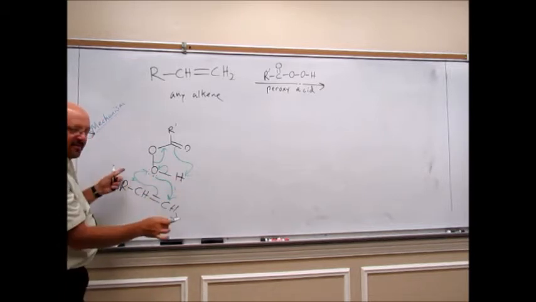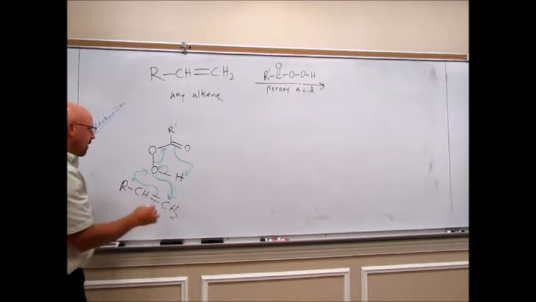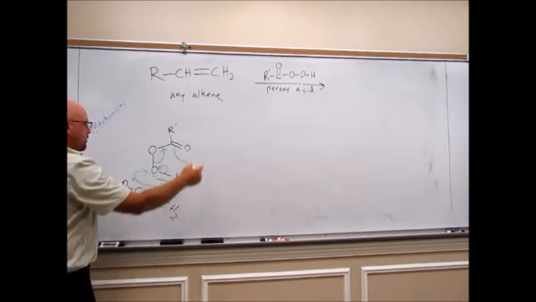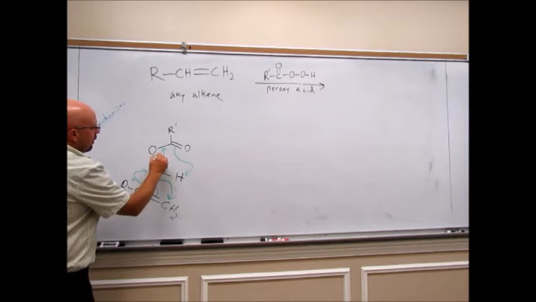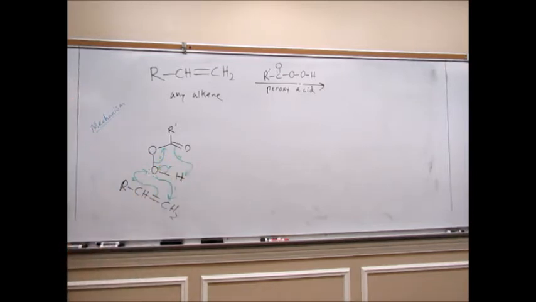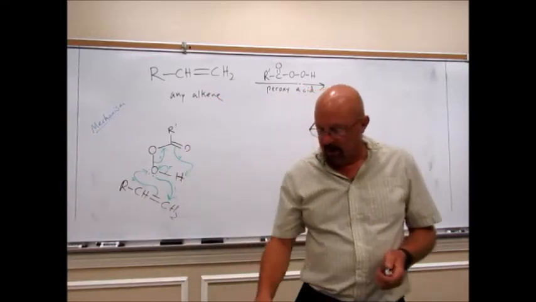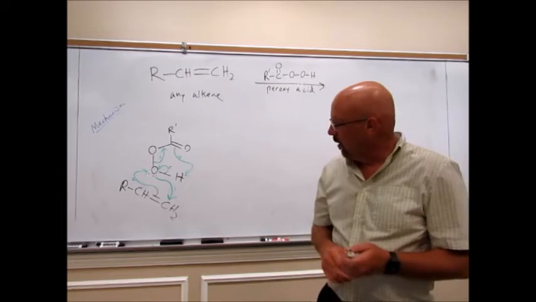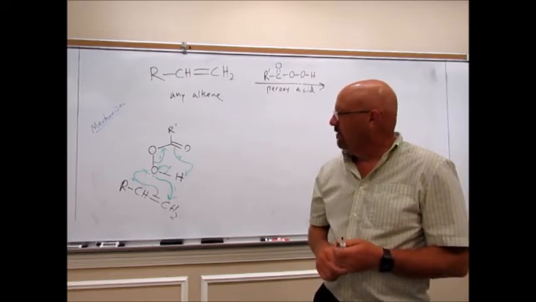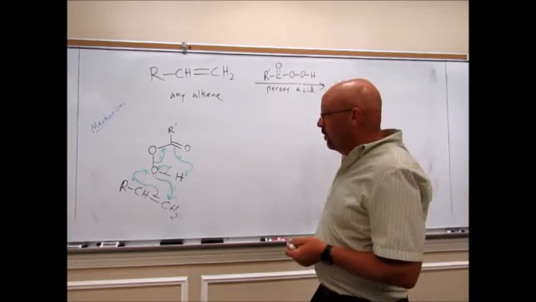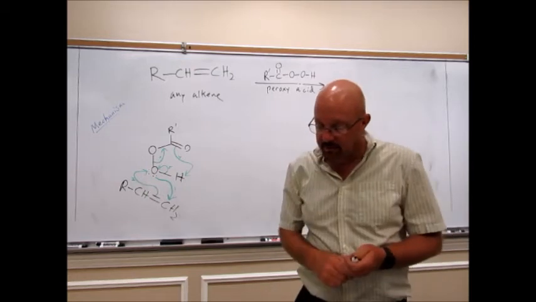Of course, all this happens at the same time. It's not step 1, 2, and 3, but you know they follow each other. But like I said, I will not ask that mechanism on the test. It's very complicated to get all of those going everywhere. But that gives us the epoxide that I had up there before and the carboxylic acid.